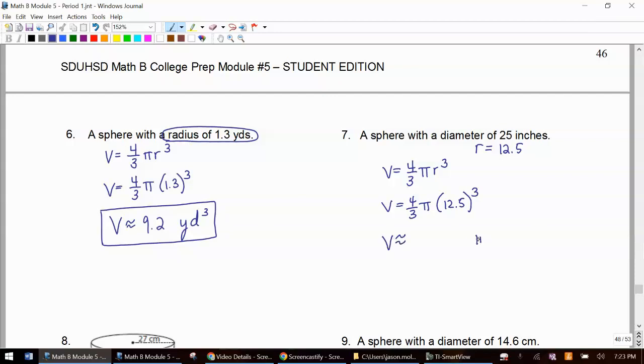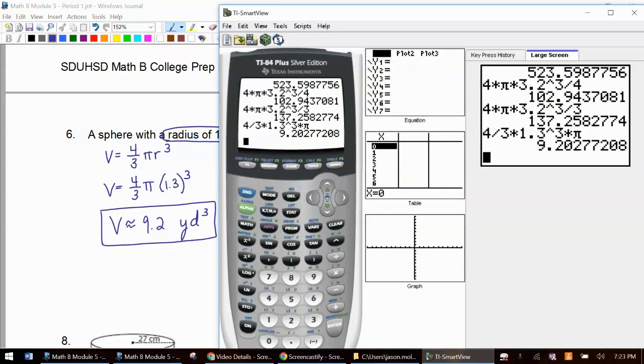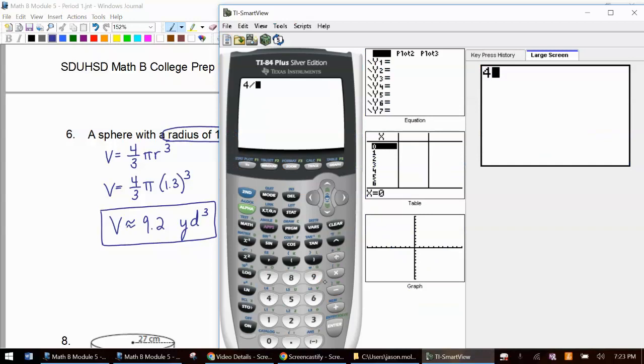And this one's going to be cubic inches. Round to the nearest tenth, we're going to stay at 2. So 8,181 and 2/10.